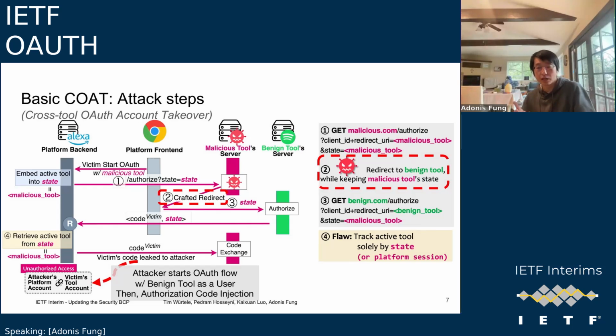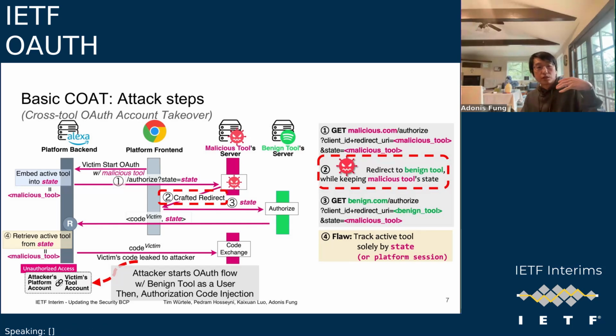Like it could be alexa.com/callback, something like that. So once you hit that, the callback endpoint and the redirection endpoint will check, I know that the user has started by hitting that URL with the integration with a malicious tool. Just imagine the user got sent this link that they try to click, or maybe the user just happened to want to interact with this malicious tool, or maybe they didn't even realize it's malicious in the first place.